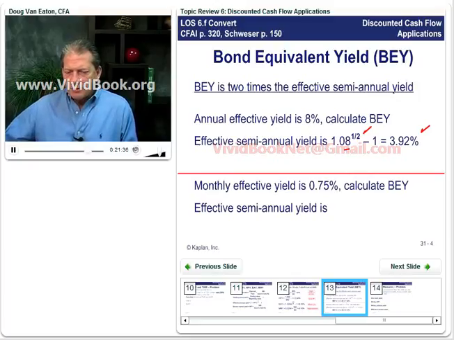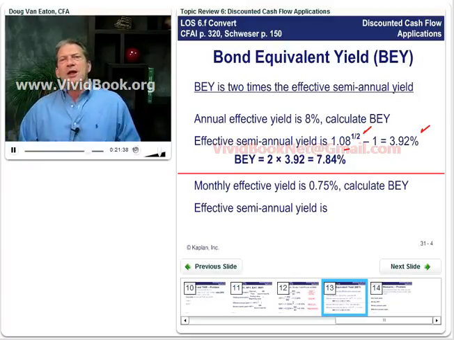Perhaps it would help a little if I explain that bonds mostly pay semi-annually. So if you say you've got a 5% bond, it's really paying you 2.5% every 6 months. So 2.5% every 6 months is your effective rate on a 6-month basis. 5% is 2 times that.